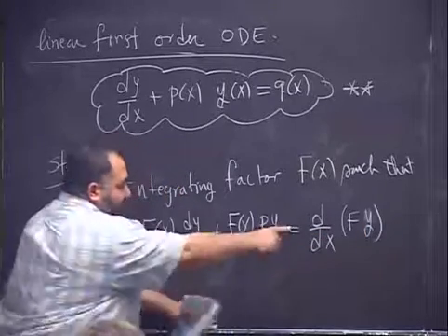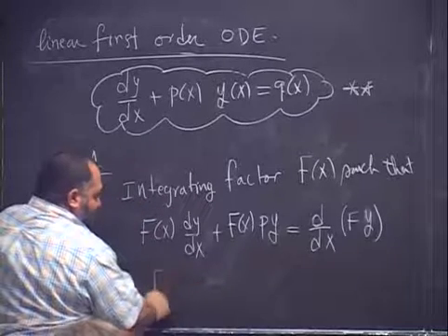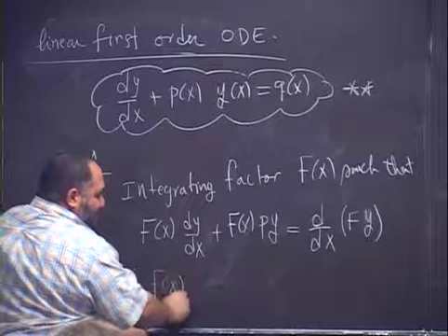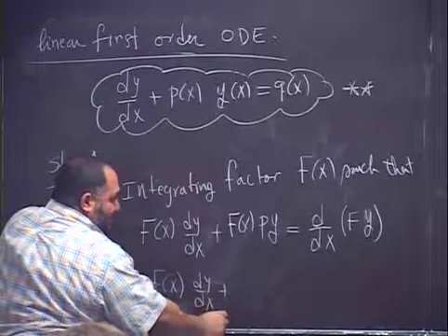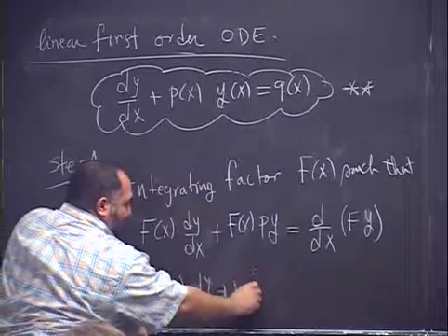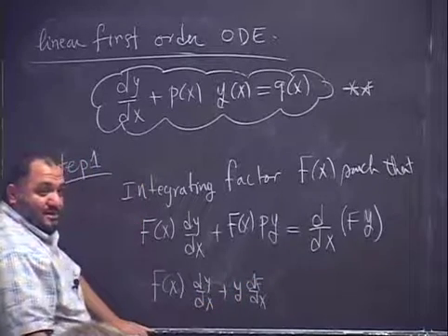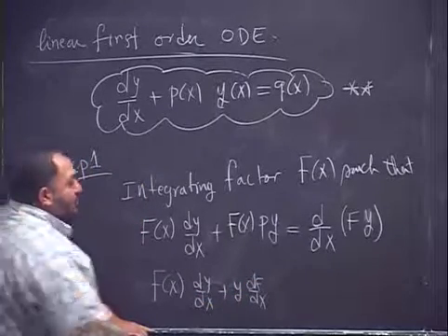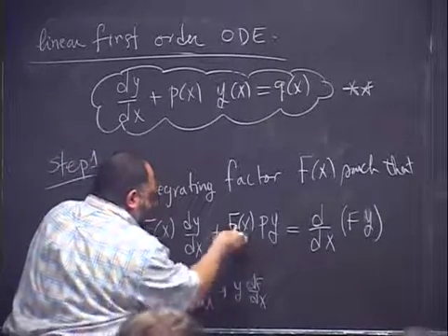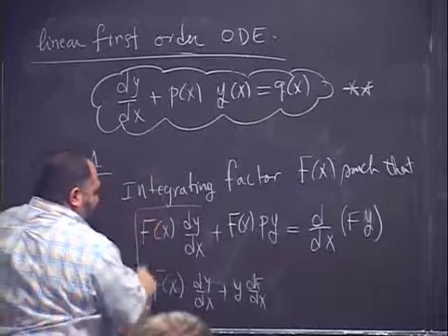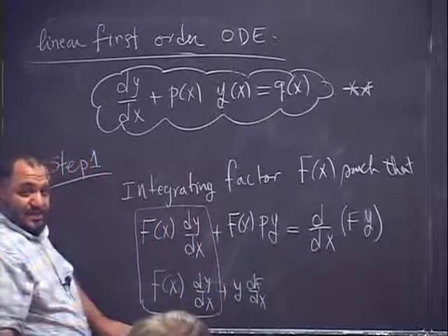So if you have two functions multiplied by each other, d by dx will give you what? The first multiplied by the derivative of the second, plus the second multiplied by the derivative of the first. So in order to make this equal to this, those two are the same.